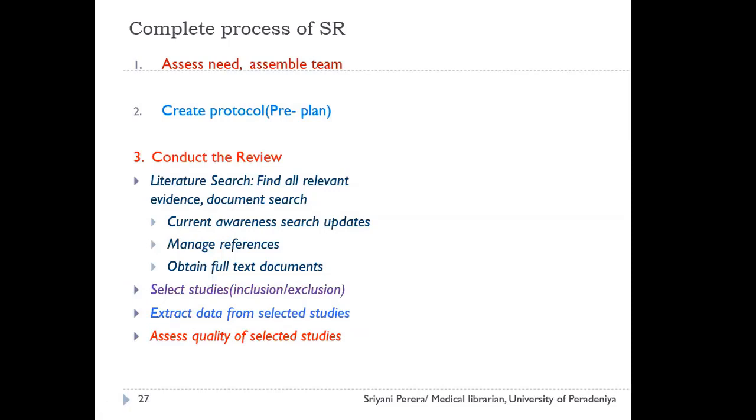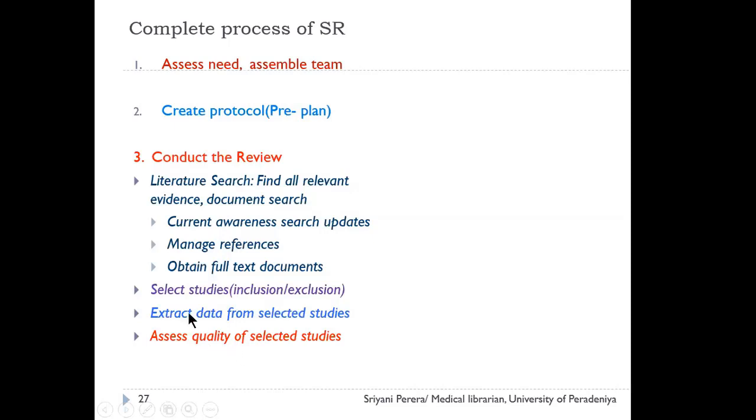Actually, in the procedure, data extraction comes before assessing quality. But it is okay to assess quality first and then extract data, because after you select the studies, when you do the quality assessment, you will be removing some of the articles.